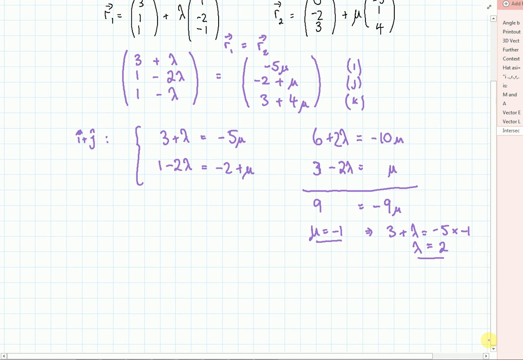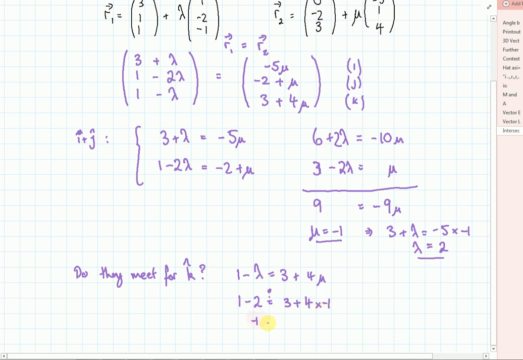We've now got to check, do they meet at K as well? So we check that by putting it into the equation. 1 minus lambda, does it equal 3 plus 4 mu? We'll stick our numbers in. So we've got 1 minus 2, does it equal 3 plus 4 times minus 1?